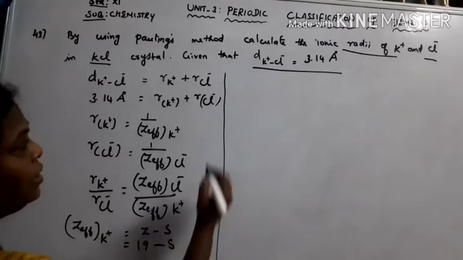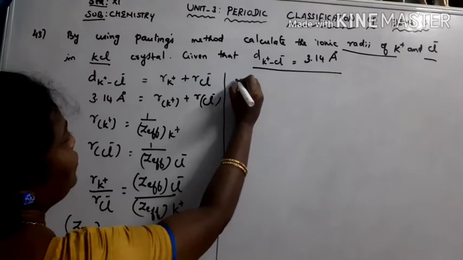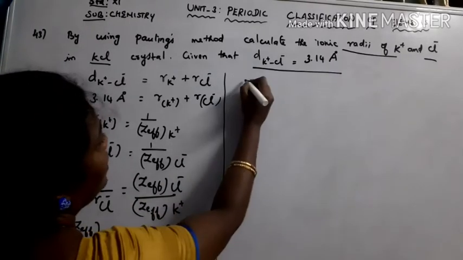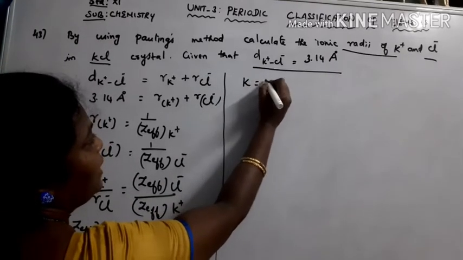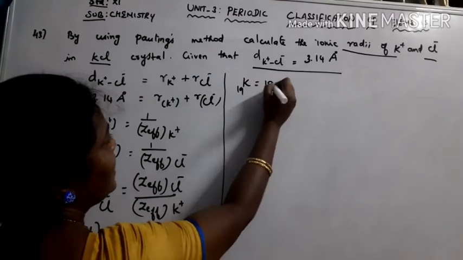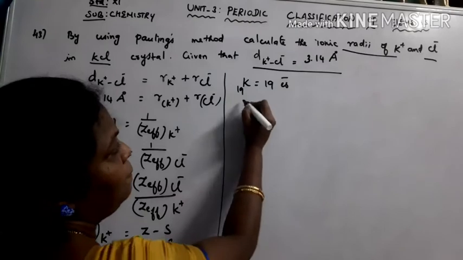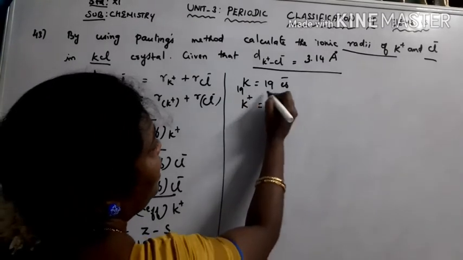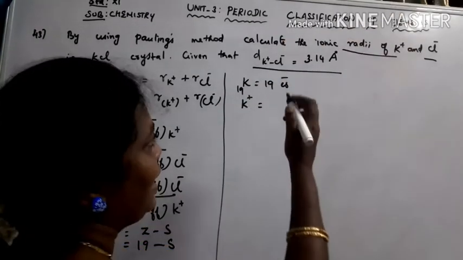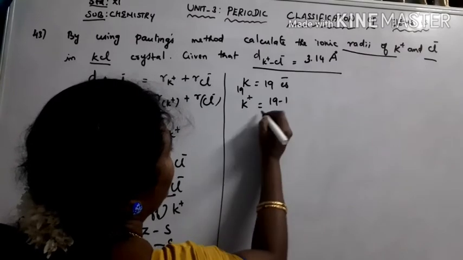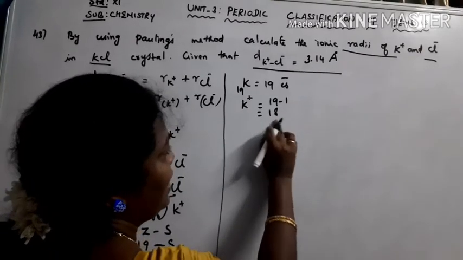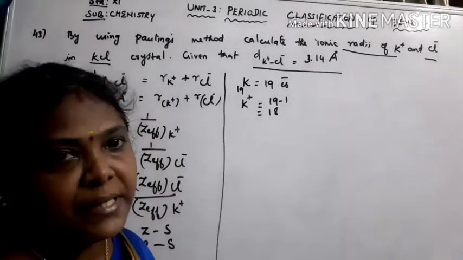Potassium has atomic number 19, therefore it contains 19 electrons. Here we are going to calculate for the K plus ion only, which means it has lost 1 electron, so 19 minus 1 equals 18. Therefore, we have to calculate the effective nuclear charge for these 18 electrons.